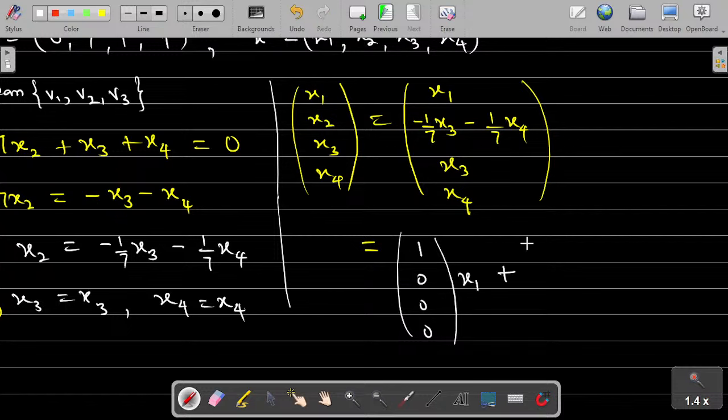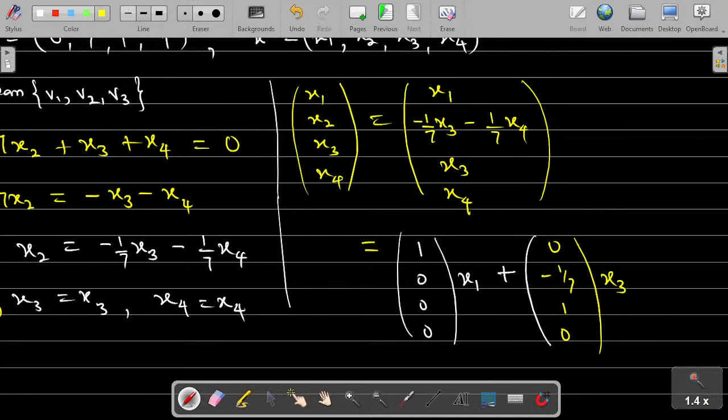Then plus, we go to the next one, the coefficients of x3. The coefficient of x3 in the first row is 0, second row minus 1 over 7, third row 1, fourth row 0. You close there, multiplied by x3.